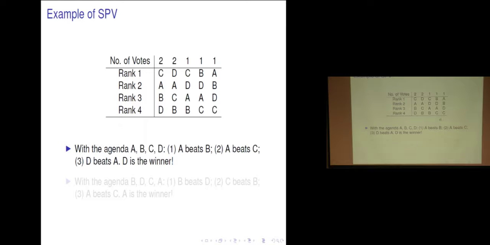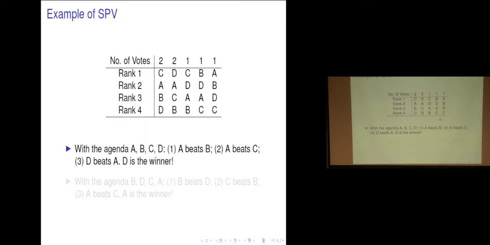Now A is going to play against D. Who is going to win? Let's try again. A above D, 3 votes, sorry, I was wrong.